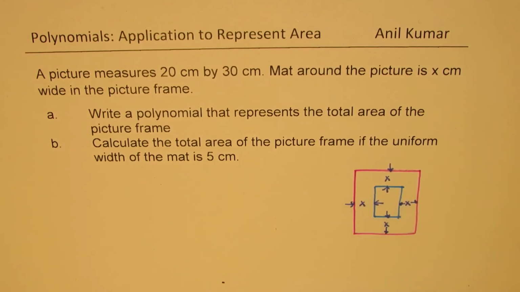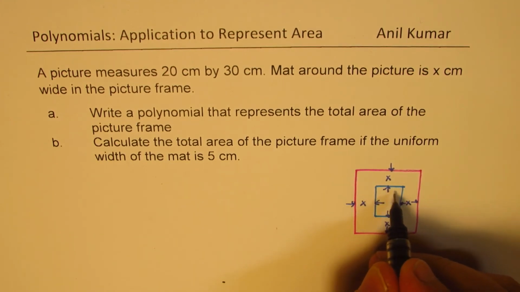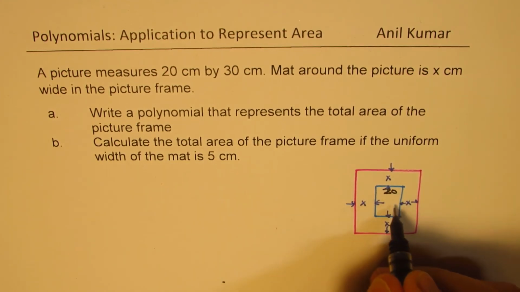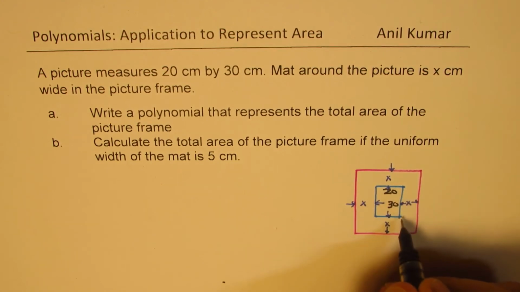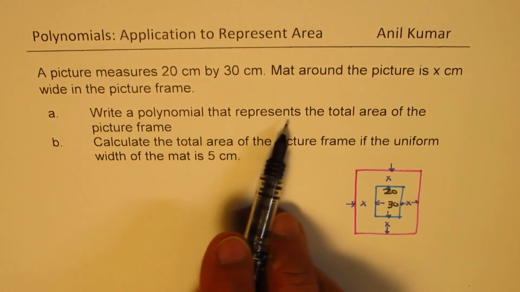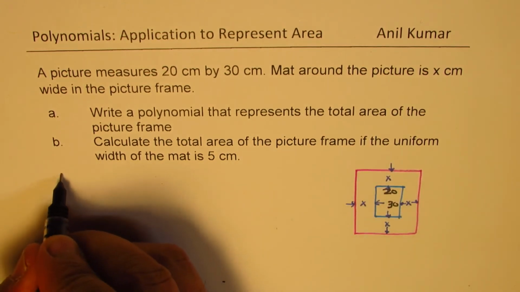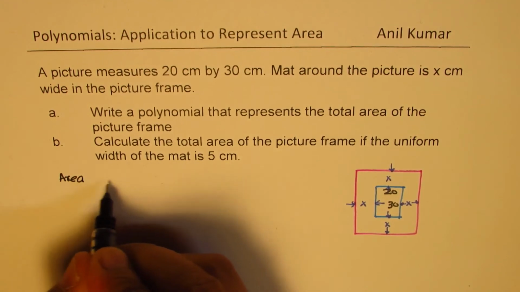The size of the picture is given to us as 20 centimeters by 30 centimeters. That means this side is 20 and the other side is 30. Okay. Now we need to write a polynomial that represents the total area. That means length into width, right? So what is the area of rectangle?